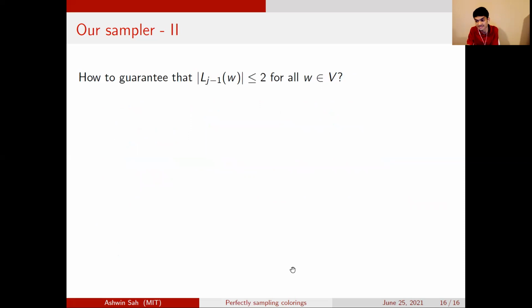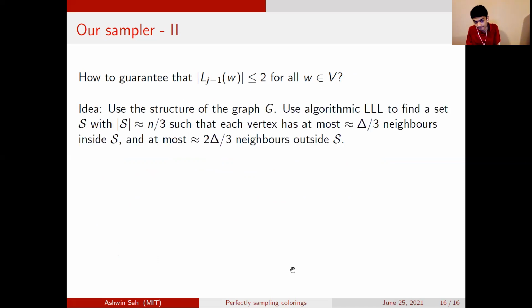As for the pre-processing, I can describe the additional key element as follows. We look more closely at the structure of the graph. By using the algorithmic Lovász local lemma, we can find a set which is around a third of the graph, such that every vertex, both in that set and outside that set, let's call this set S, a seed set S, every vertex has around a third of its neighbors inside the seed set and 2/3 outside, let's say.